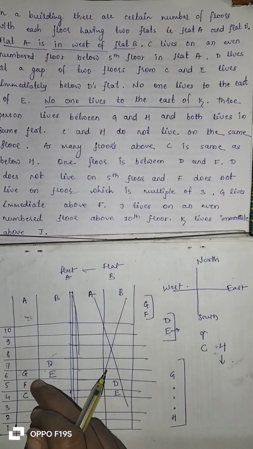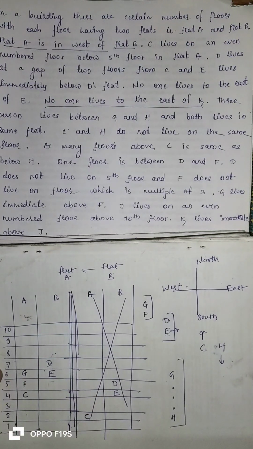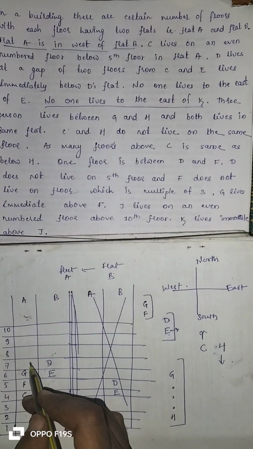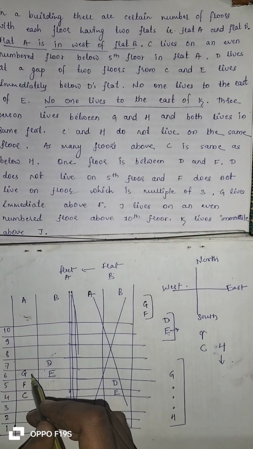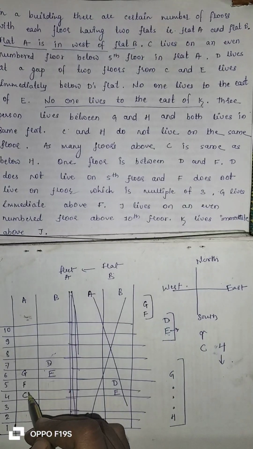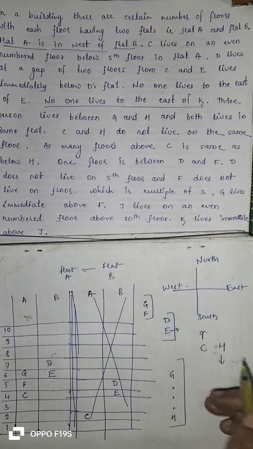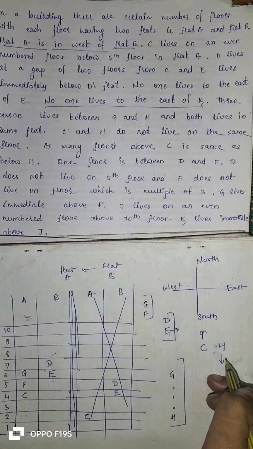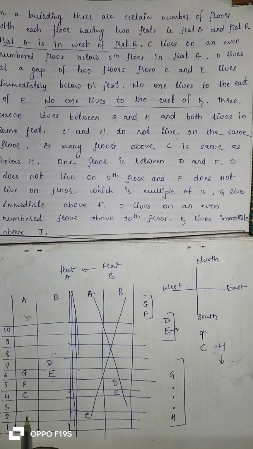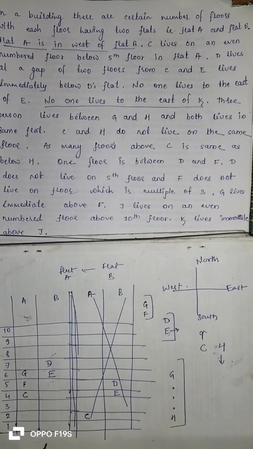But we have got data till the seventh floor, and from that minimum three floors are there above H. If 3 floors are above C, that means 3 floors must be below H. But if I write H here, that condition will not be satisfied.